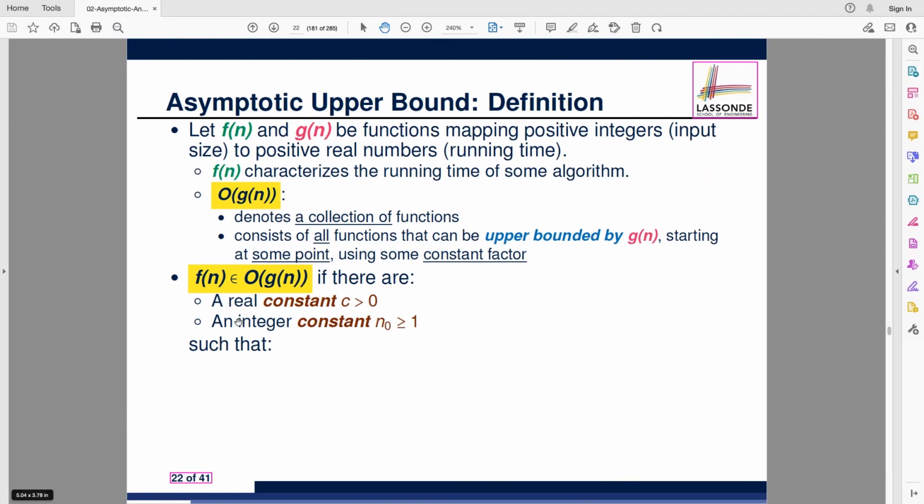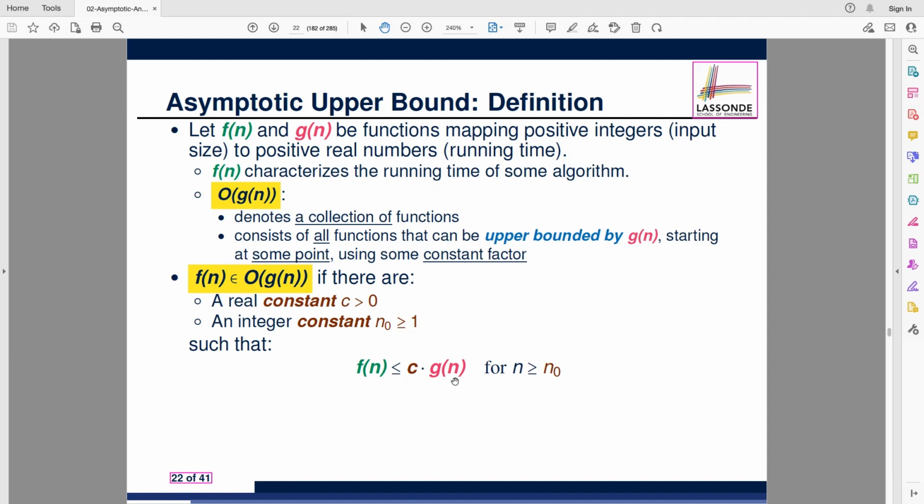We need to find two things. One is a constant c. That's a real number, but typically we just use an integer. And another constant, n0, that should be larger than or equal to 1. Just remember there are two things you need to find in order to prove the big O, such that this equation has to be satisfied. That's the definition you need to know for big O.